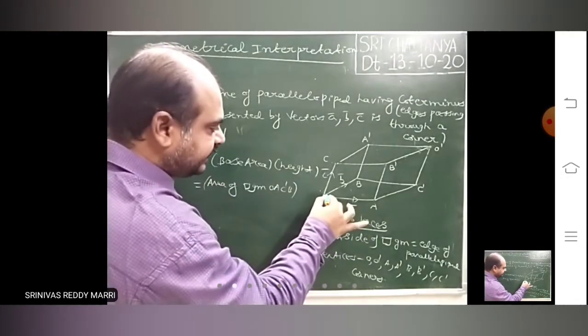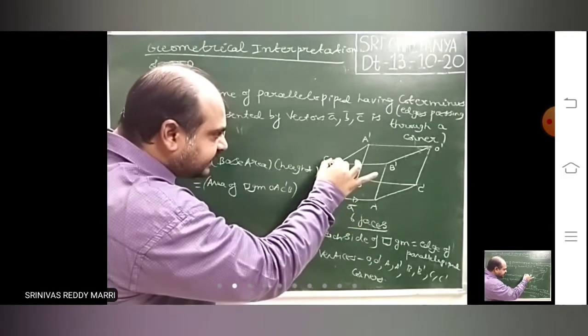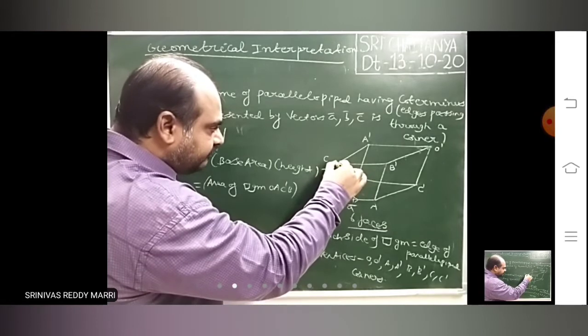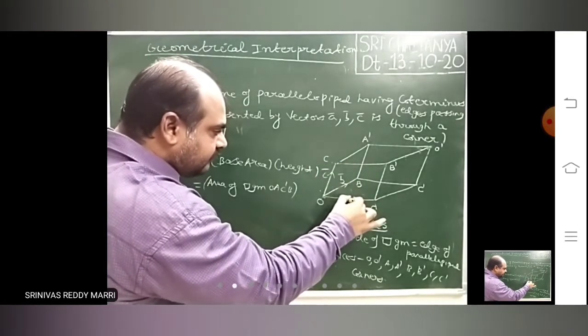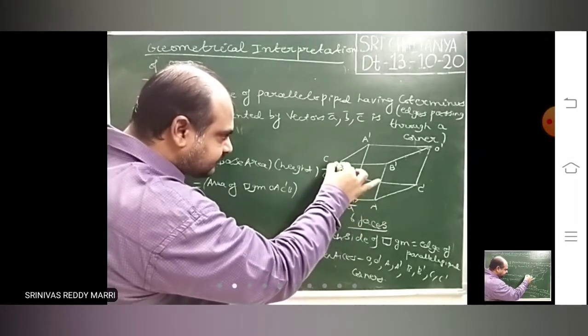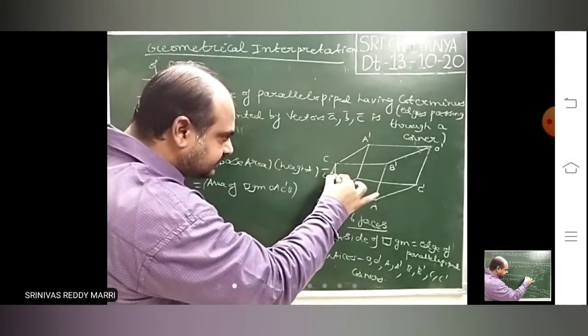Height means, above O there is one corner. From that we will drop a perpendicular on this base plane. Look, I am dropping a perpendicular like this.